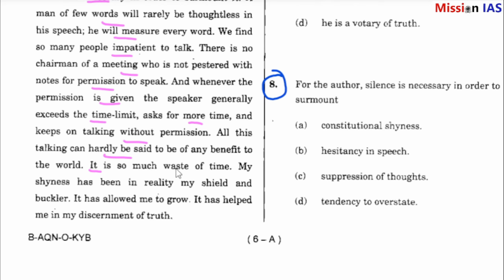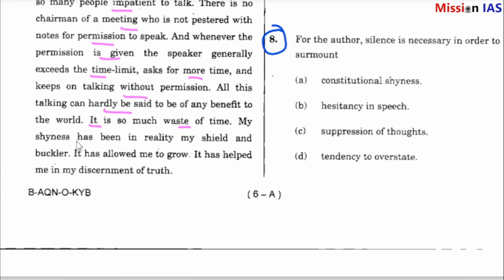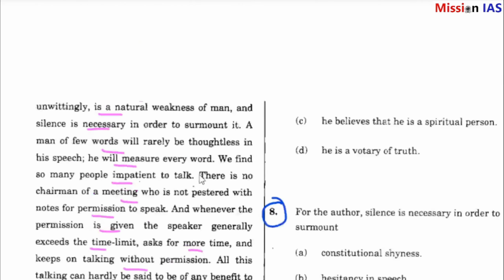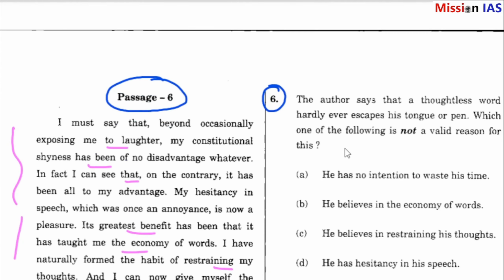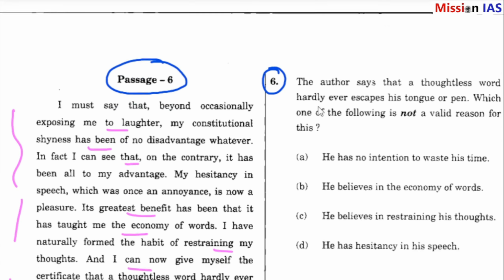It is so much waste of time. My shyness has been in reality my shield and buckler. It has allowed me to grow. It has helped me in my discernment of truth. So what do you understand from the passage? I think you understood it very well. So we go to the questions.